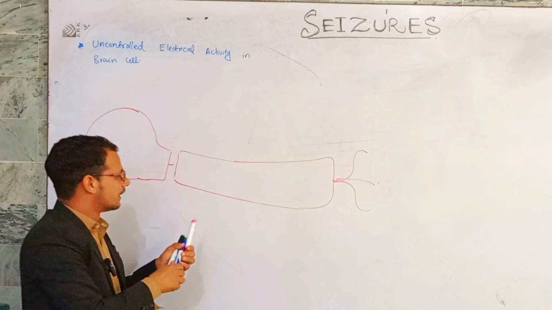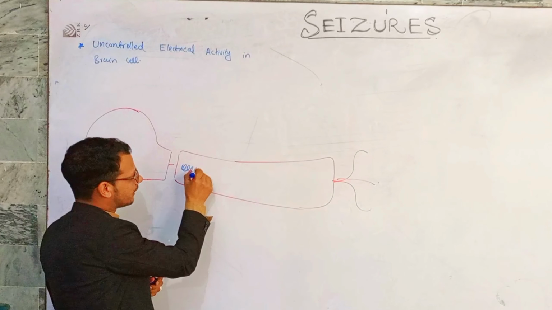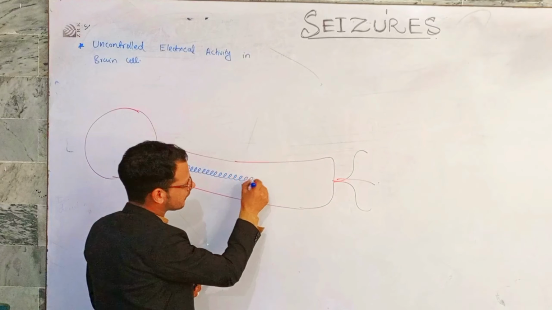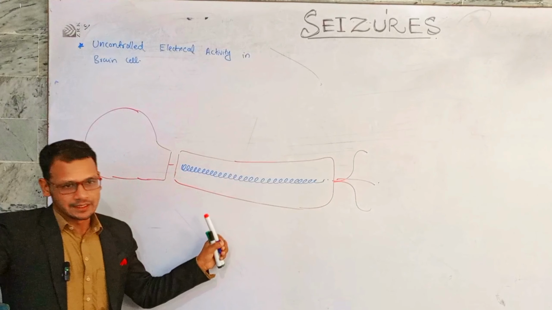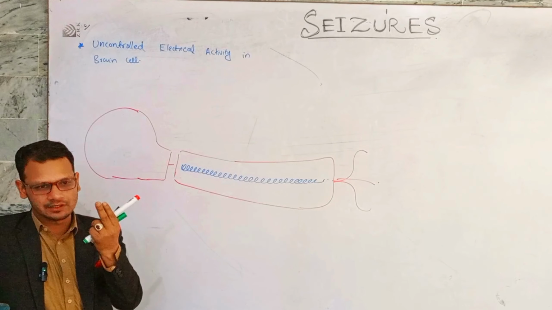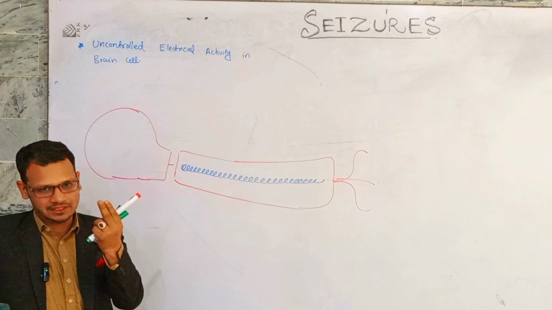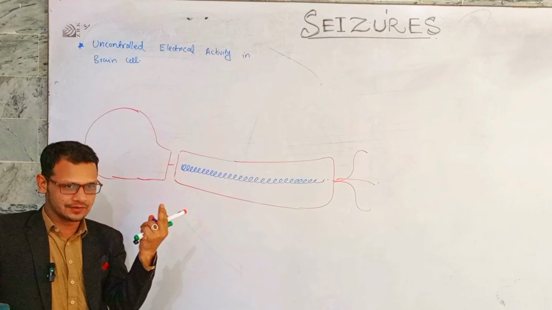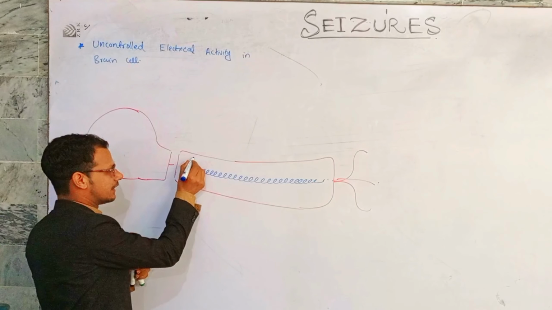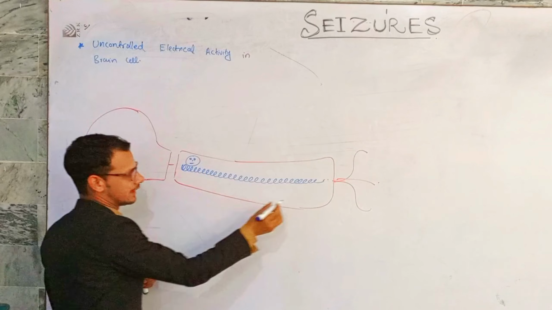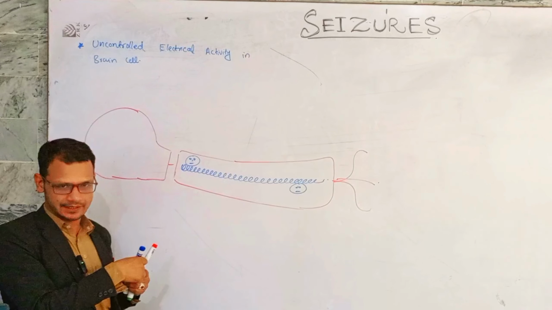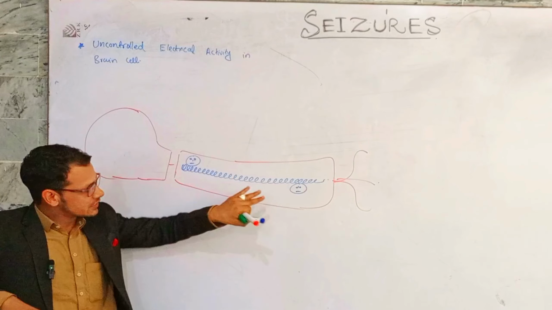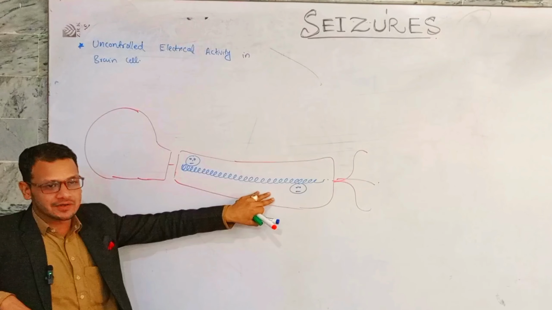For example, this is the intermediate tubule, right? And there are two very important proteins. They are called dynein and kinesin. Dynein is present here, and this is kinesin. How does this neuron follow the electrical activity?